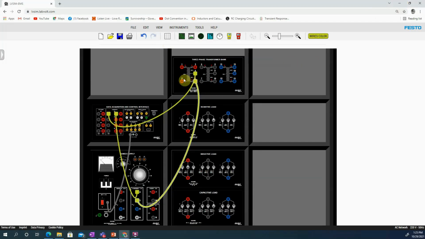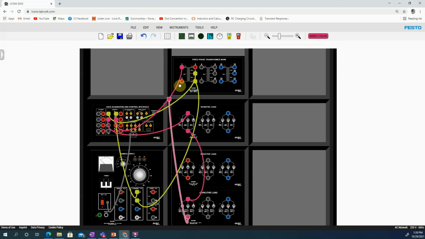So from here we will also measure the current, right? We'll measure the current from here, and from here to the resistive load. So we need to select 1100, switch on, switch off, and from here going to the capacitor in series, right? This one, and we need to change this one, J1100, and from here it should go to this one, right? So go back there, and now we will measure the voltages.